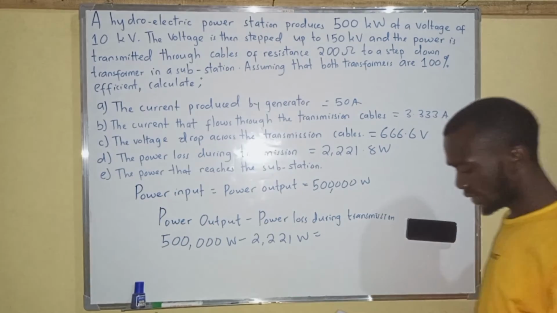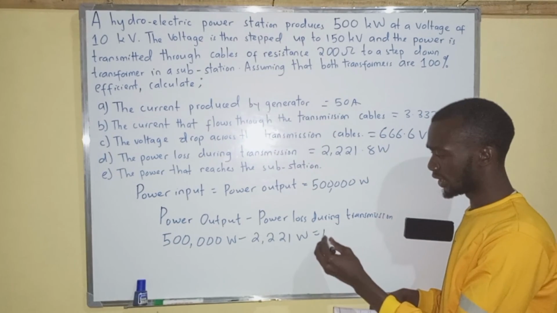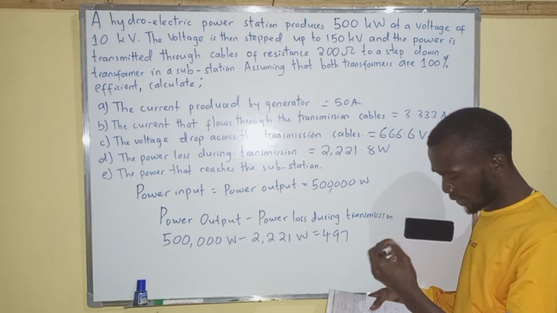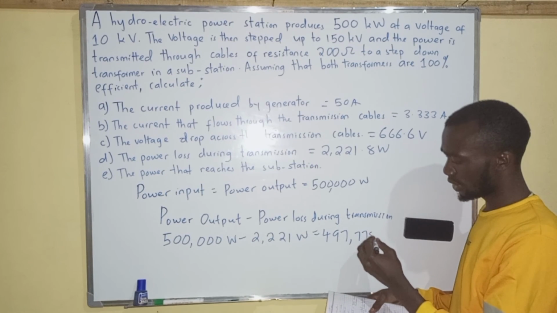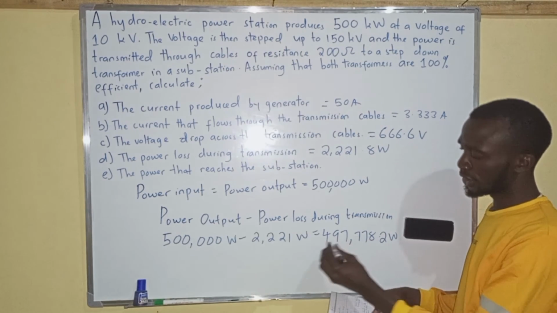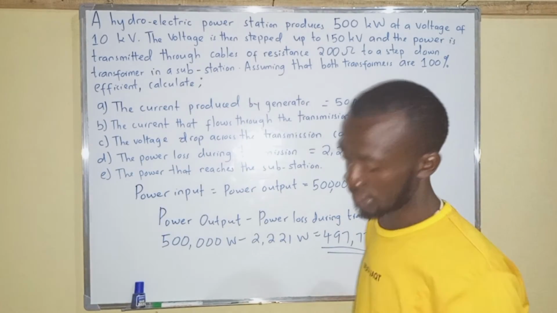Your answer is 497,778.2 watts. This is the power which reached the substation.